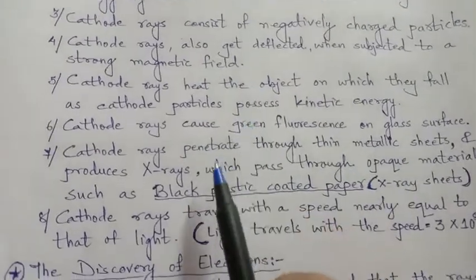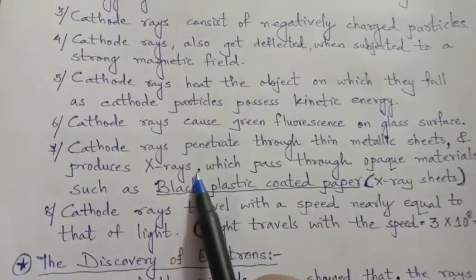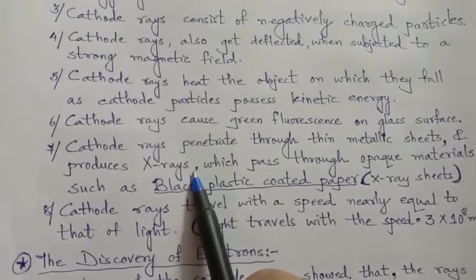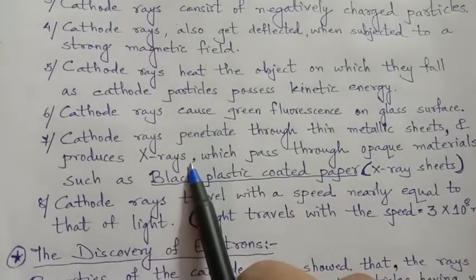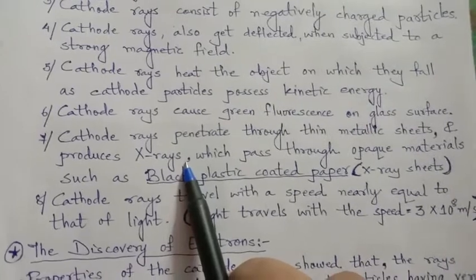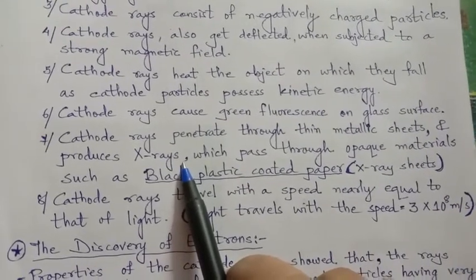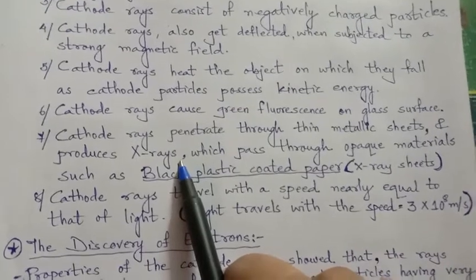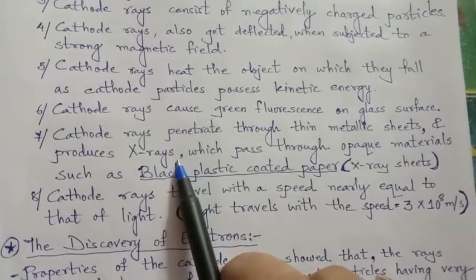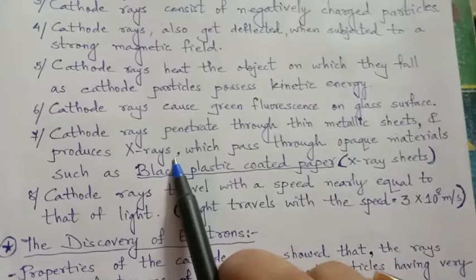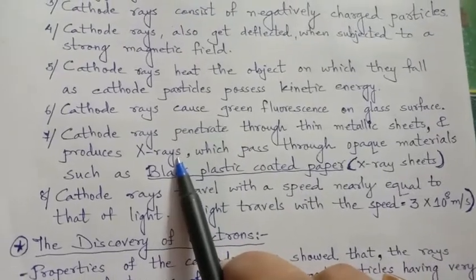Then they are X-rays. We know that when we don't know exactly the name of someone or some place, we call it X. In mathematics, when you are finding the value in an equation, for the unknown value you take an x. Let this be x, and then you find the value of x. So x means which is unknown.